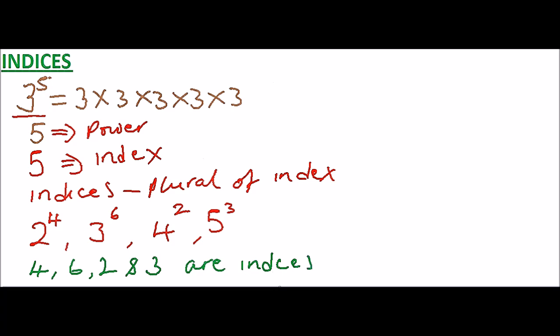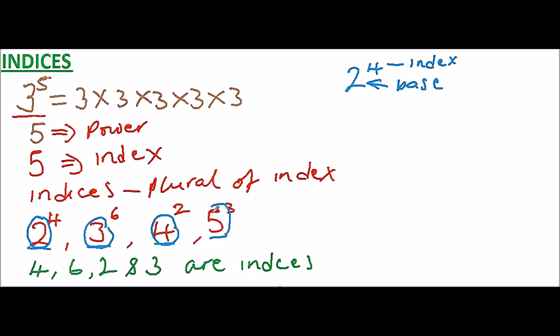The other numbers we have are 2, 3, 4, and 5. So in 2 to power 4, 4 is the index, and this number 2 is referred to as the base. When there is more than one, we can say this is a base, this is a base, this is a base, and this is a base.